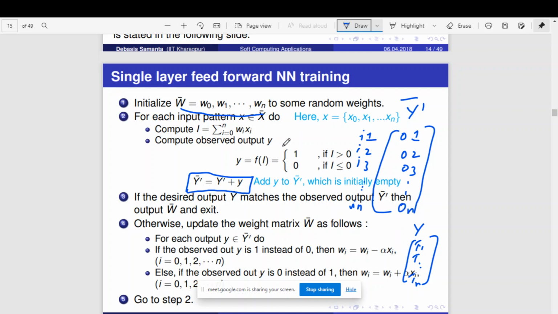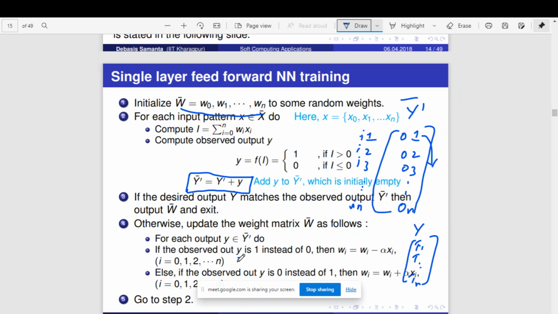In that case we have to adjust the weight. So how are we going to adjust the weight? For each output y belonging to y dash, you take the first output and do this.